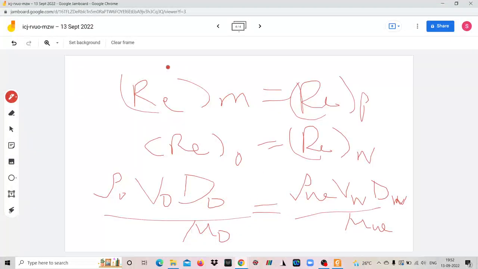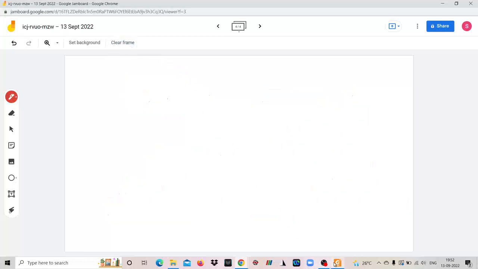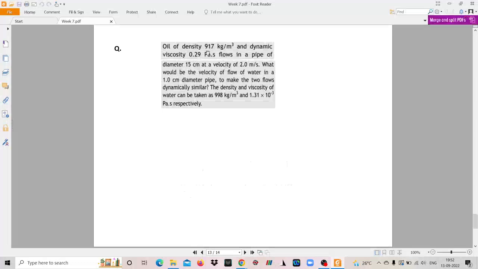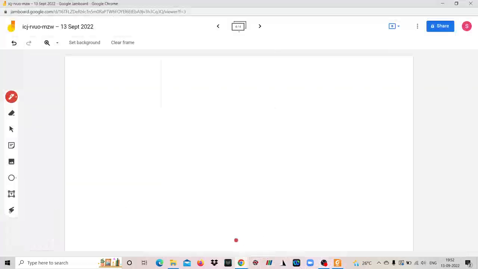Now, what is the density of the oil? The density of the oil is 917 rho. Velocity of the oil is 2 meter per second.